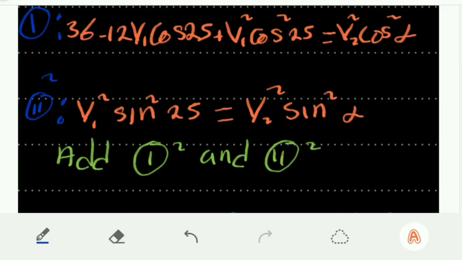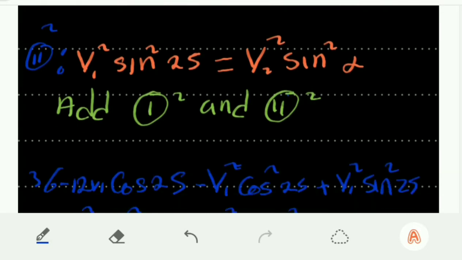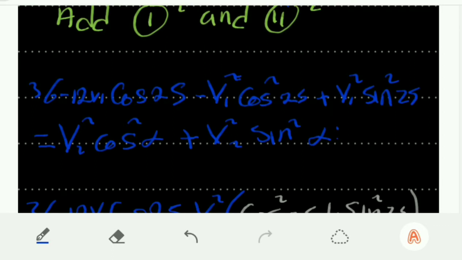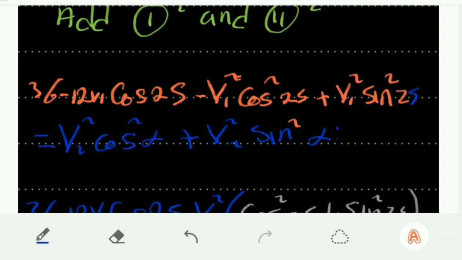After squaring them, we add them, and we're going to have this over here. You should actually do this. Make sure you're solving on a piece of paper to see what's happening here.